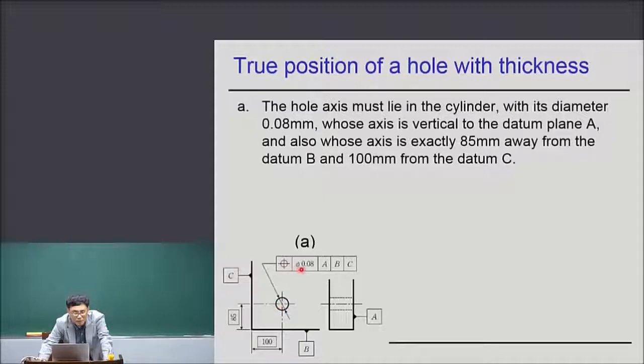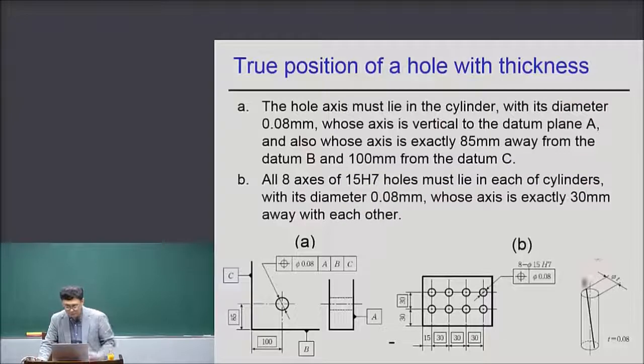The hole axis is defined by three datums A, B, C, and the true position diameter 0.08 is assigned. Which means that the hole axis must lie in the cylinder whose diameter is 0.08 millimeter.